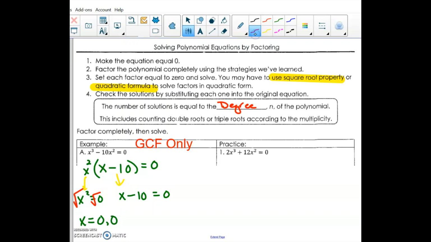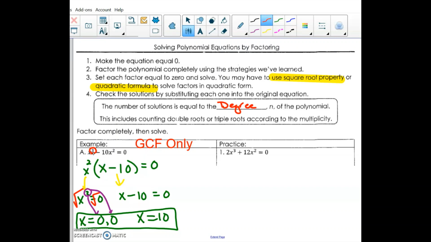So you're getting 2 answers from this. So 1, 2. And then the answer to the second equation is 10. So what we see is that there are 3 solutions because the degree of the problem was 3. We've got to make sure that everything is included.